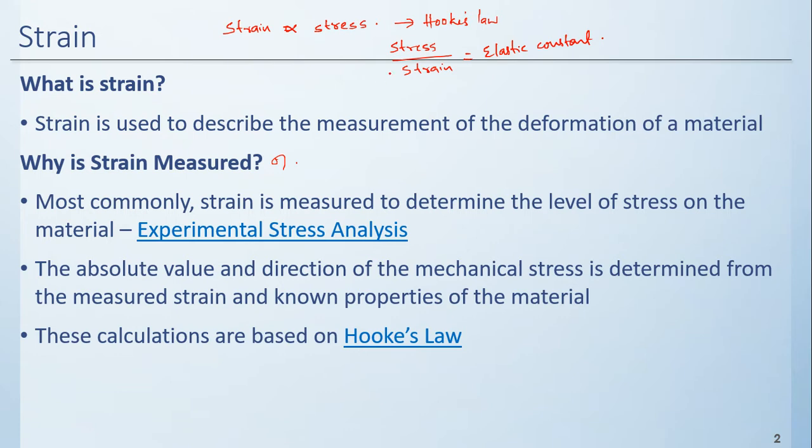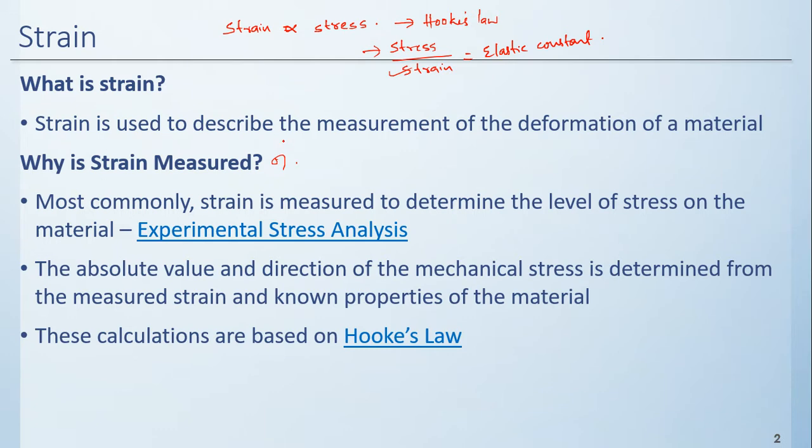So if you measure strain directly, which is a ratio of change in dimension to the original dimension, then multiplying that with the material properties like the elastic constant, you can determine the stress. So this is an experimental approach to measure stress indirectly by measuring strain.